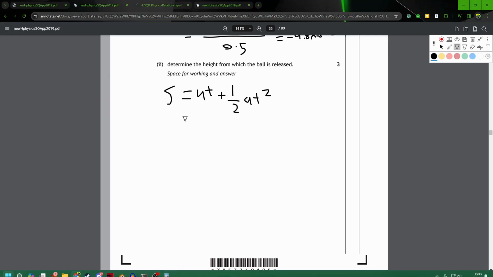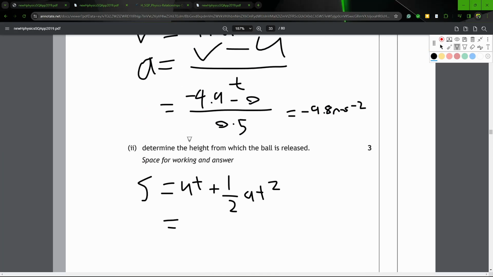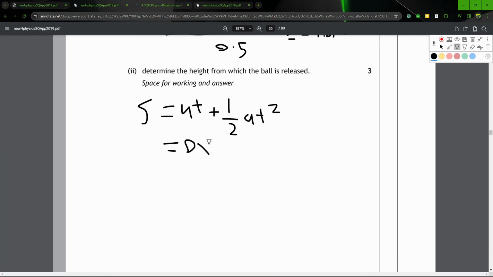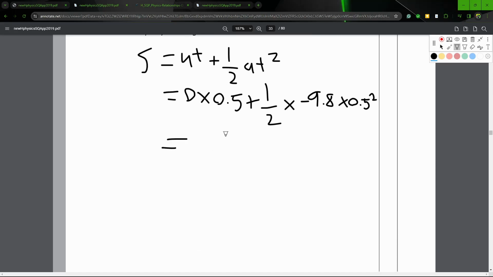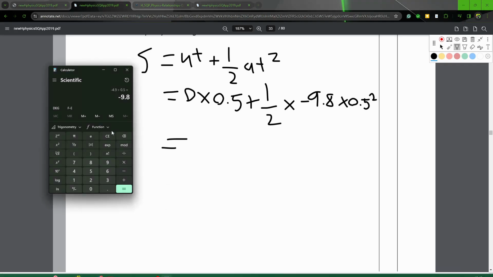What does that get us? s equals, the initial velocity is 0, time is 0.5, plus 1/2 times negative 9.8 times 0.5 squared. Boom. Making things easier on the calculator, you can actually ignore this first bit because 0 times something is just going to be 0 no matter what.